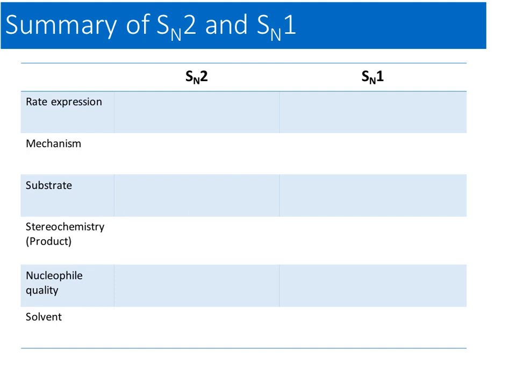Now let's put everything together and compare SN1 and SN2 reaction. So SN2 reaction is a bimolecular process. It's a second order reaction, and the rate is dependent on the concentration of substrate and the nucleophile.